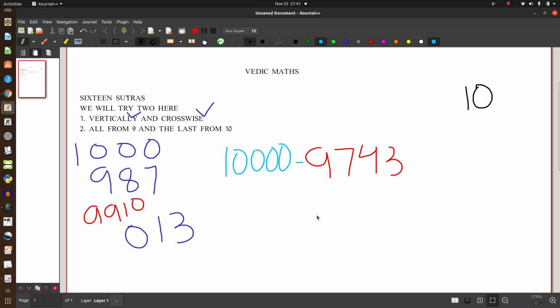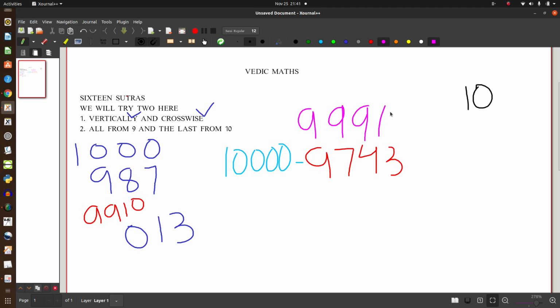How will I do it? First is 9, second is 7, third is 4, and the last one is 3. So first I subtract from 9, this from 9, this from 9, this from 9, and the last one I subtract from 10.